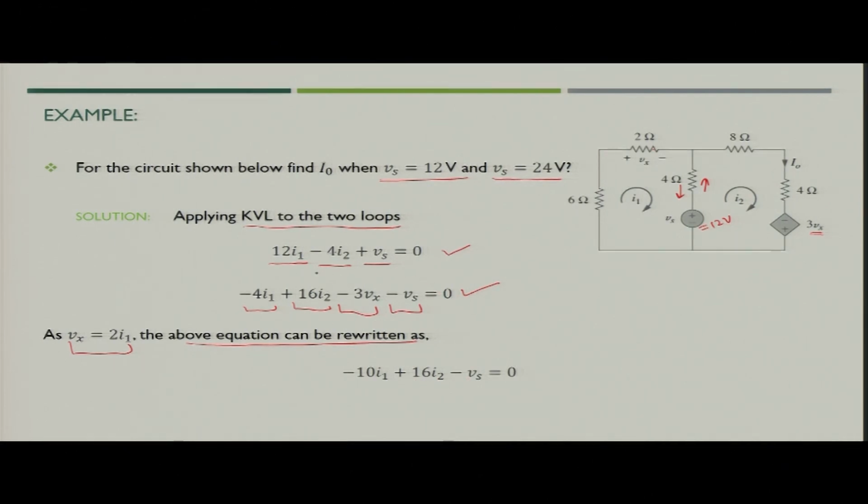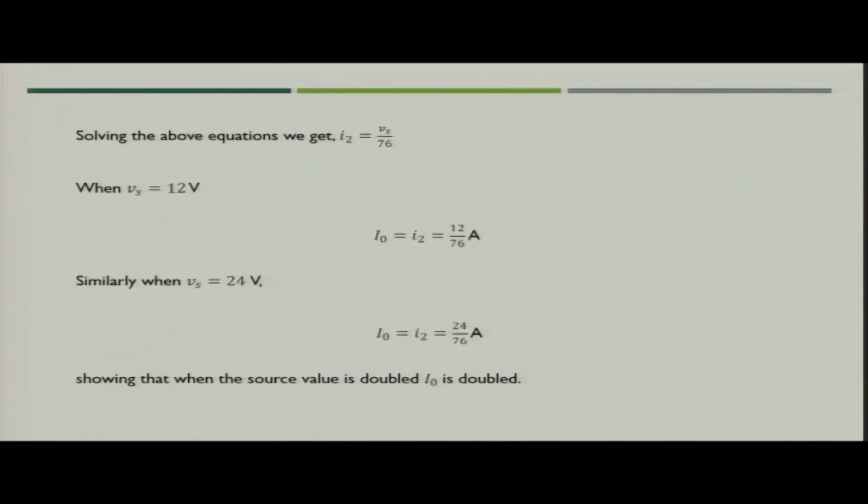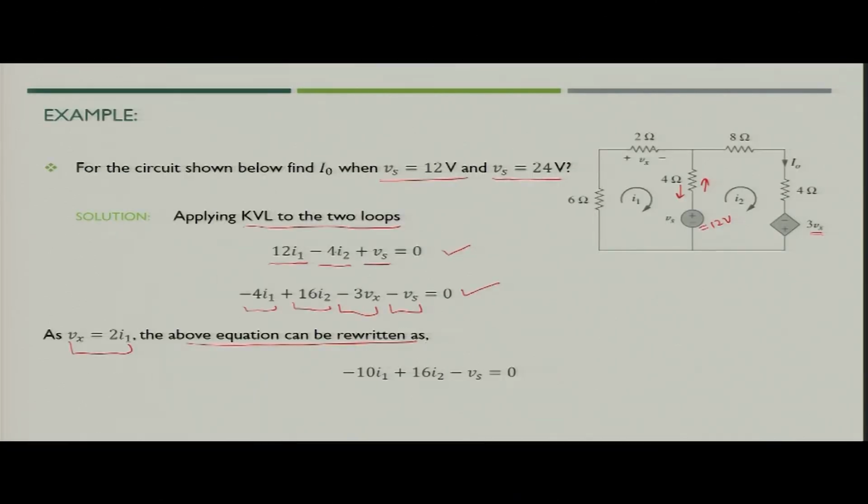This is in this case, right, and you can use both of the equations and solve it. You will get I2 is equal to Vs by 76, and in case 1, when you take Vs equal to 12 volt, you will get I naught, that is nothing but I2 in this case, because I naught is nothing but I2.